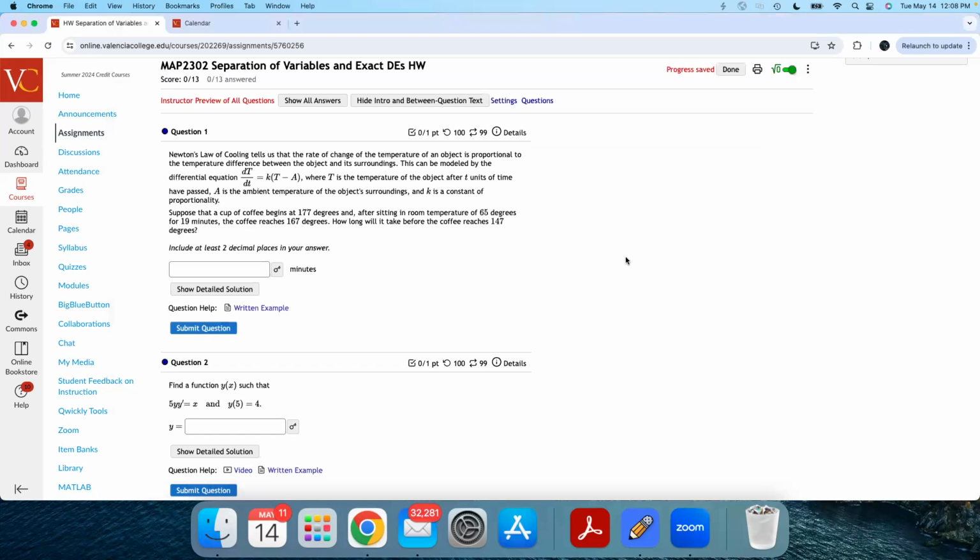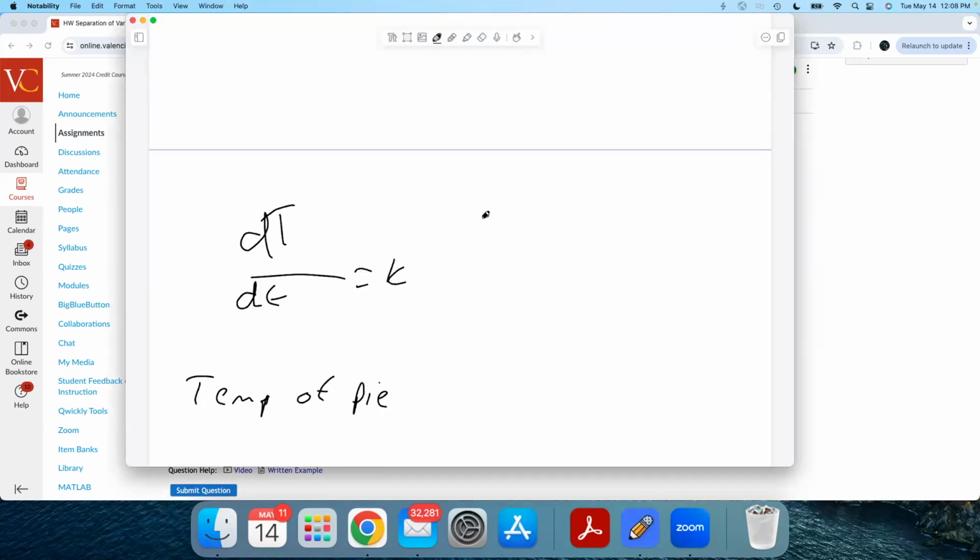I want to make sure I get this. Different books write this different ways. T minus A. So there's my dependent variable. Notice the independent variable doesn't appear in here anywhere. So the temp of the pie at time little t is T of t.